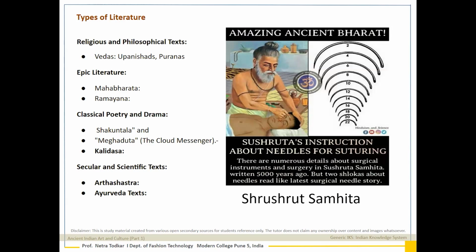We can see an example of Sushruta Samhita. It's a book where numerous details about surgical instruments and surgery are written. This text has been written 5,000 years ago.